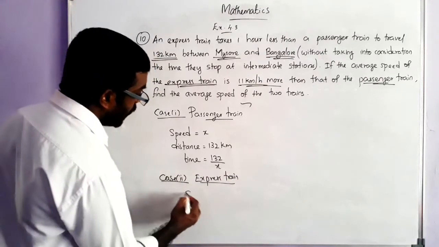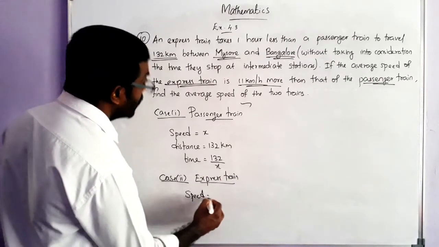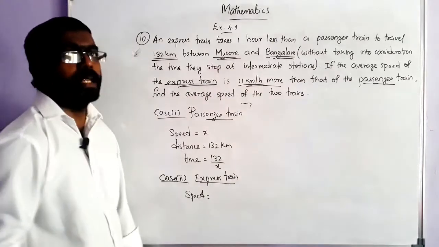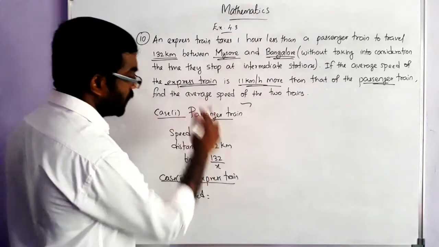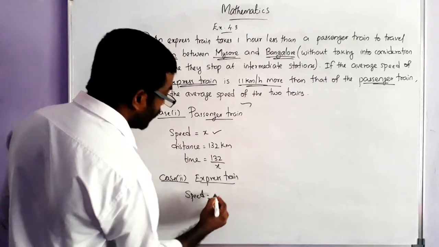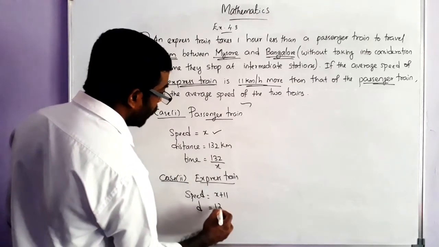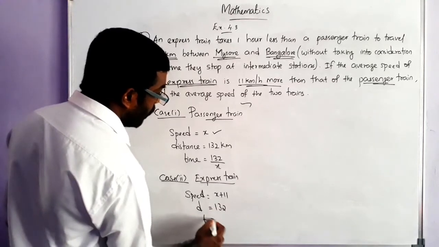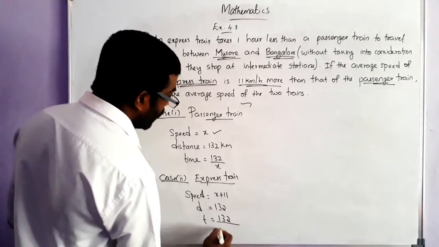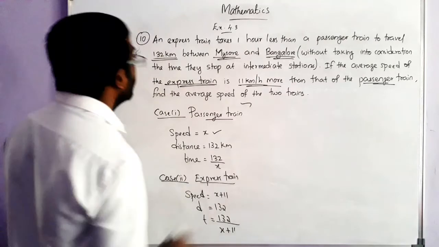For the express train, speed is 11 km more than that of the passenger train. Passenger train speed is x, so 11 more, x plus 11. Distance remains the same, 132, and time will be 132 divided by x plus 11.